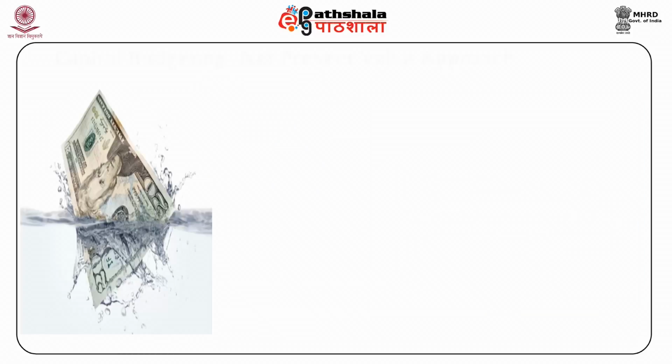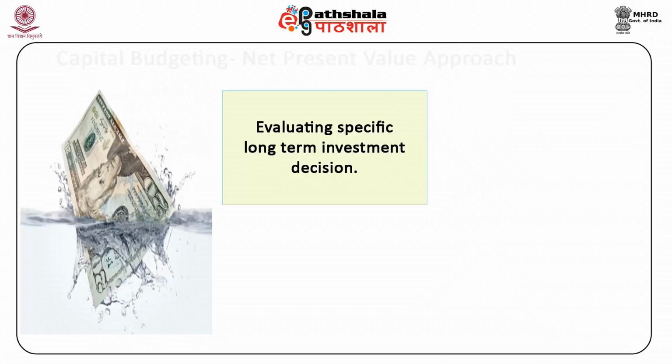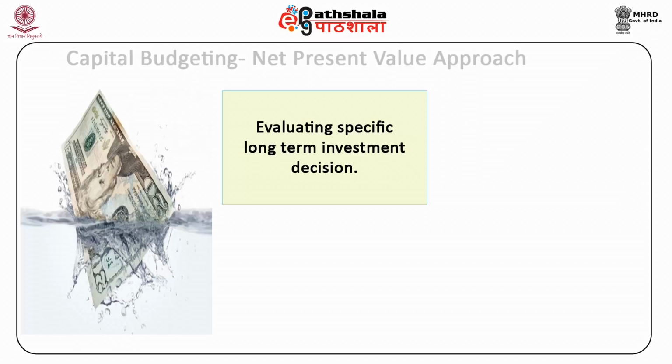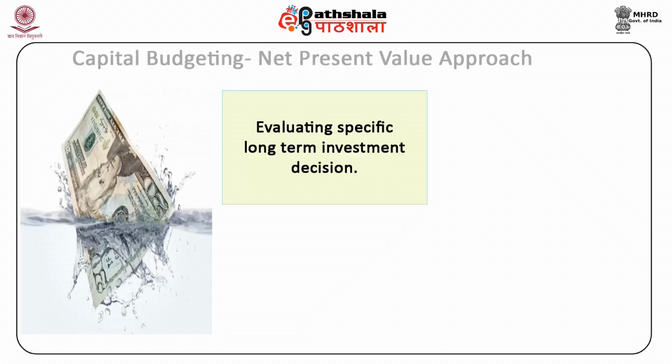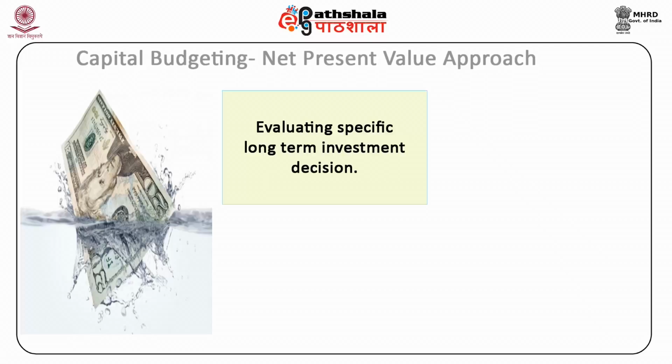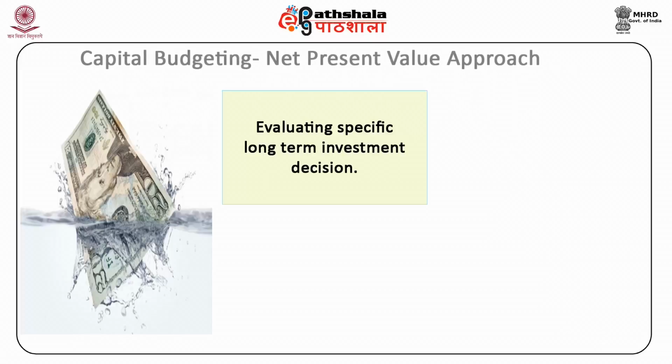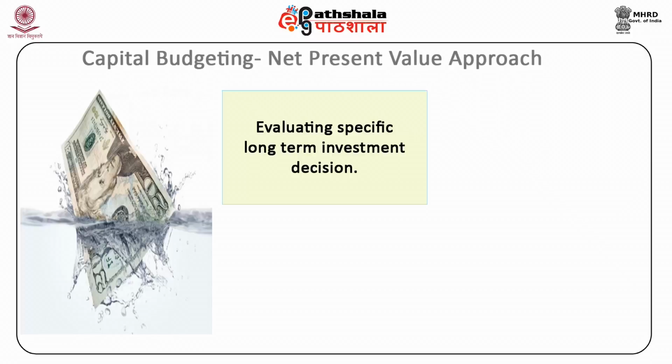The process of evaluating specific long-term investment decisions is known as capital budgeting. The investment decisions of a firm are generally known as capital budgeting or capital expenditure decisions. There are three aspects involved in investment decisions. These are expansion, acquisition, modernization, and replacement. Investments lead to exchange of current funds for future benefits.